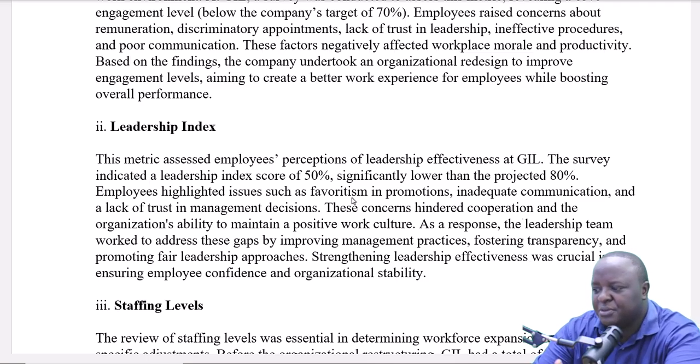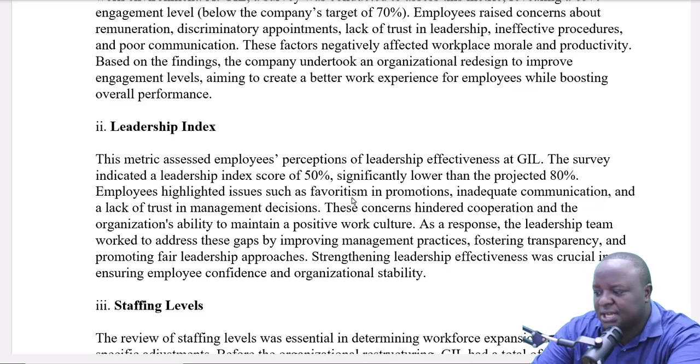They had no information on how their performance was going or what the company was doing. And there was lack of trust in management decisions. In other words, employees and other stakeholders could not trust that the decisions made by management could spur the organization to success.